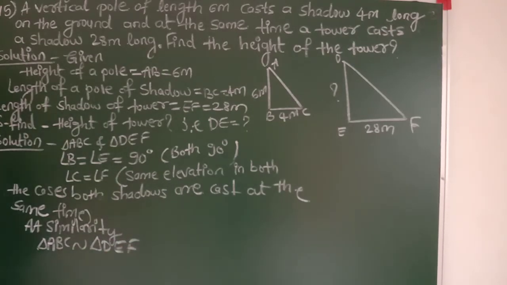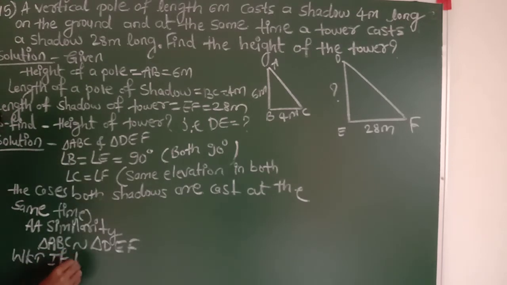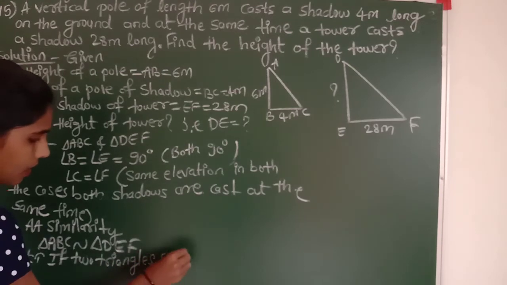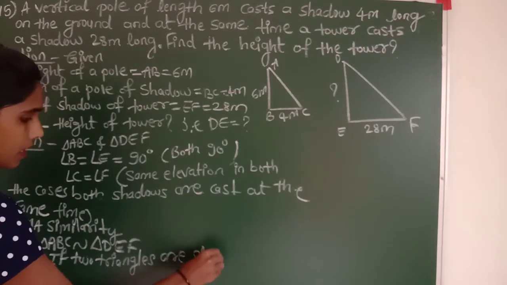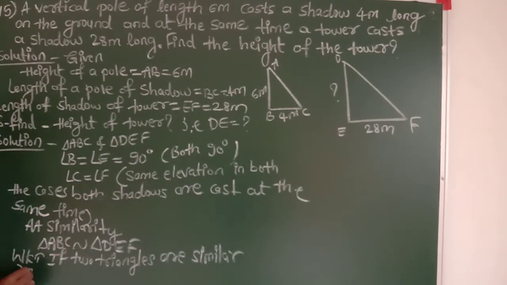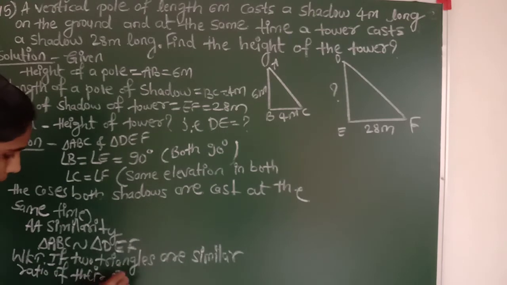We know that if two triangles are similar, the ratio of their sides are in proportion.